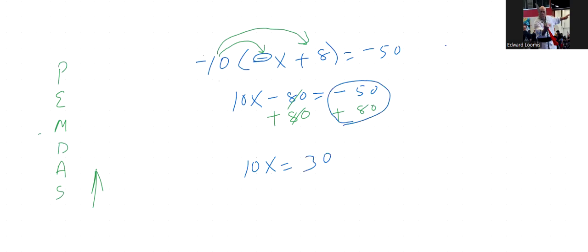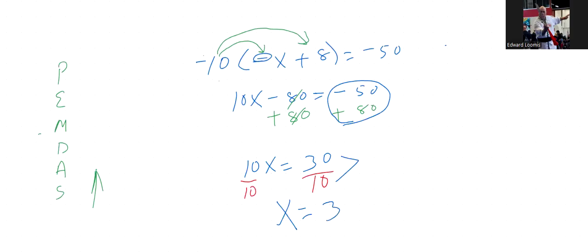So 10x equals 30. I'm multiplying my x by 10, so I'm just going to divide by everything I see in front of the x, which is a 10. 10x divided by 10 gives me my x by itself. 30 divided by 10 gives me 3. My value of x, or x equals 3.